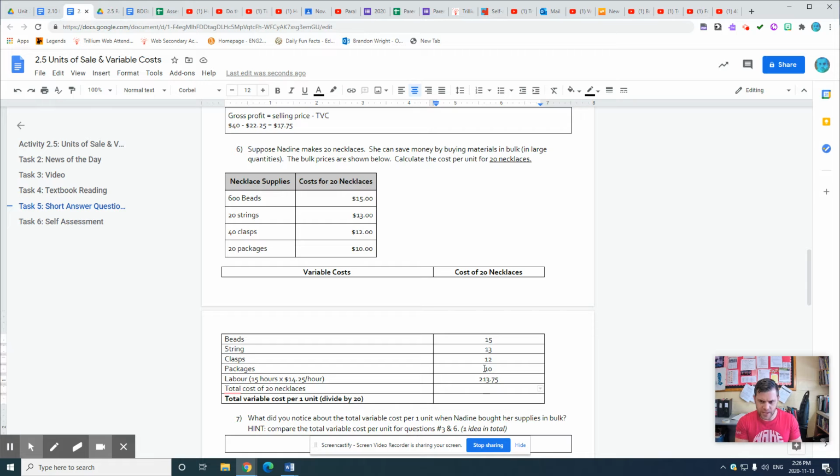And then we simply add the other costs together. Then we want to take this number and divide by 20 to find out how much it costs to make each necklace.